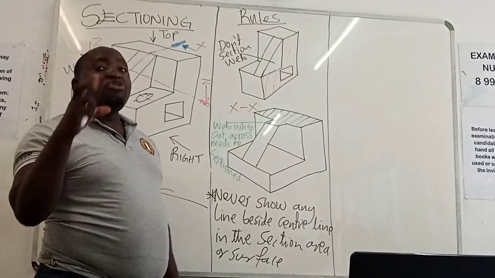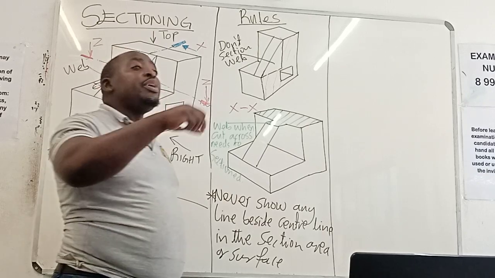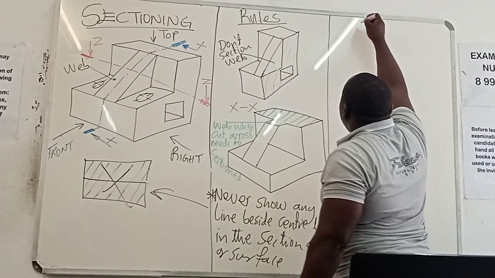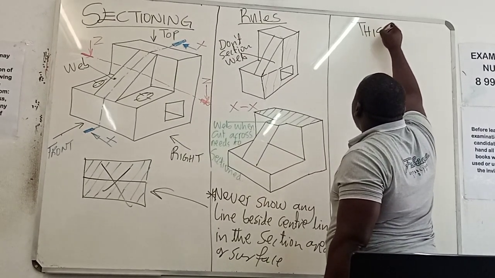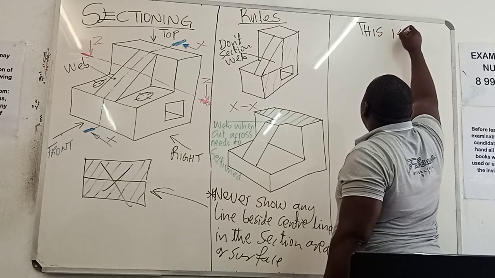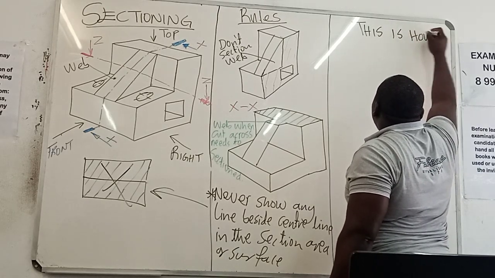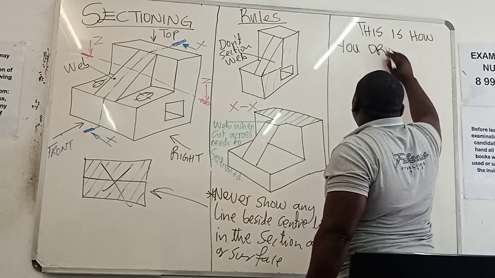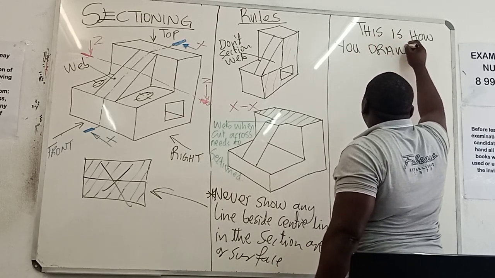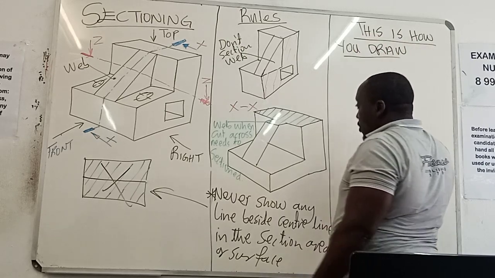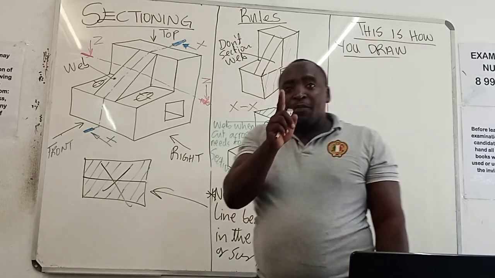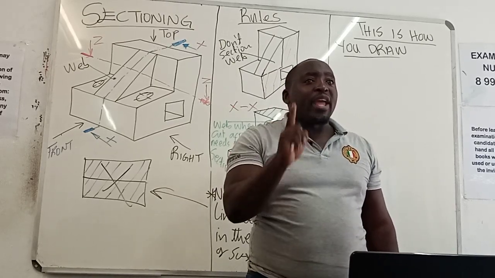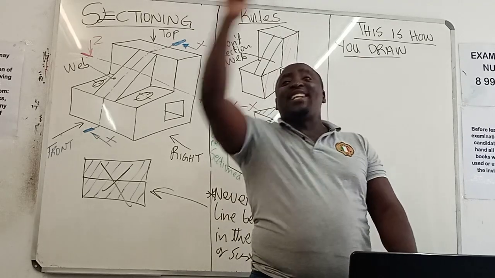Now, how do we draw? If we are drawing now in this orthography, this is how you draw. Okay, now we are going to do the actual work. The first thing that you need to know is your drawing, is it in first angle projection or third angle projection?